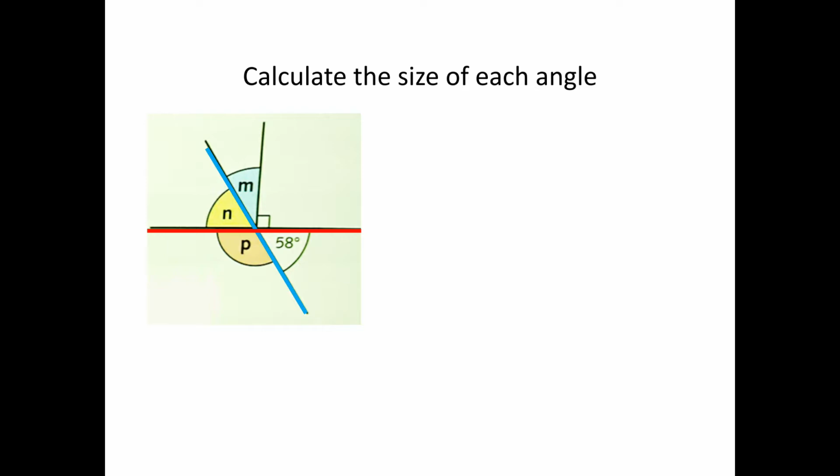Where are the equal angles here, or where are the vertically opposite angles here? The easiest thing here is angle N. As you see, angle N is between blue and red to this side, and to the opposite side we have 58.